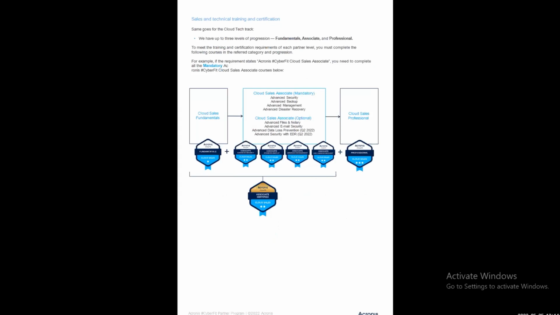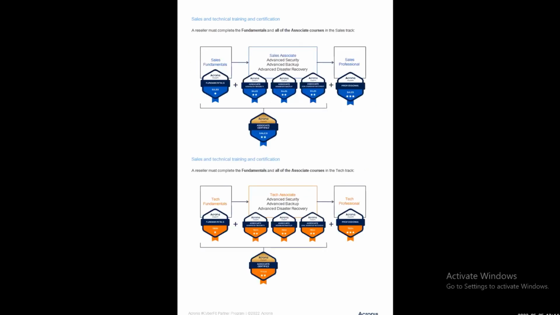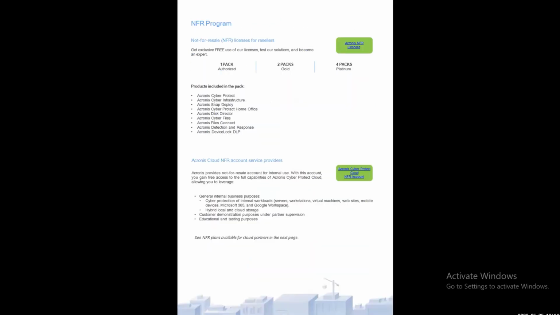And regularly, there's a marketing email that comes through to you if you're already an MSP. There are webinars, free webinars actually, and each topic is also discussed during these webinars. I also encourage you to join whenever there is a webinar. We also have the NFR program.